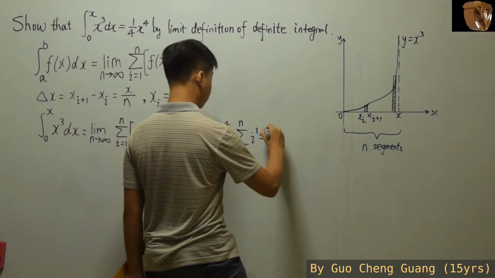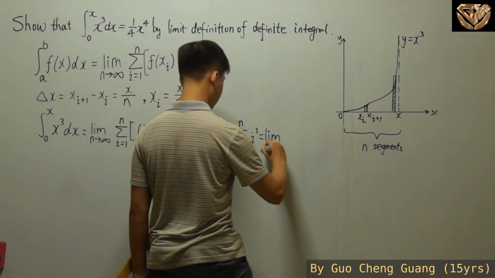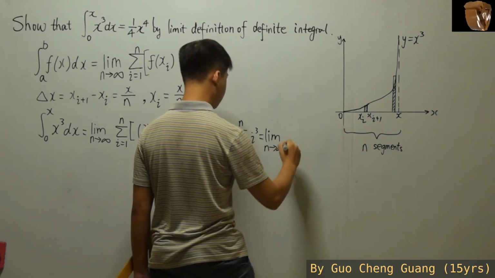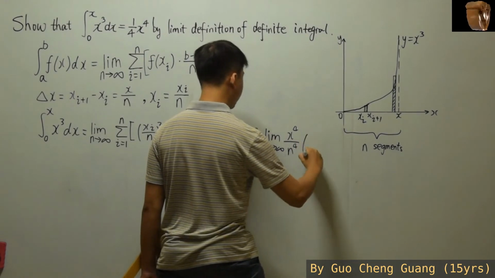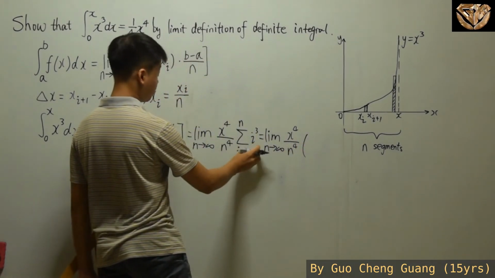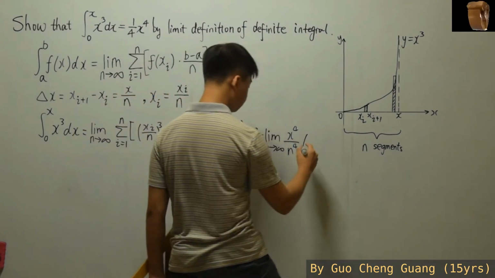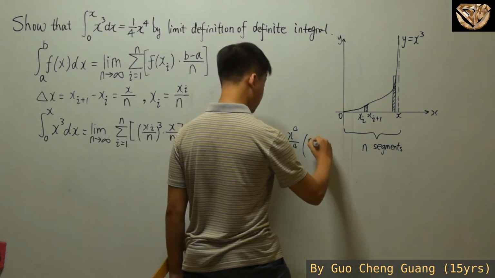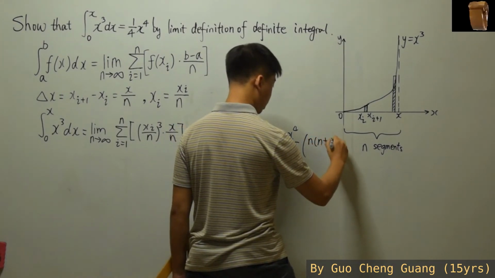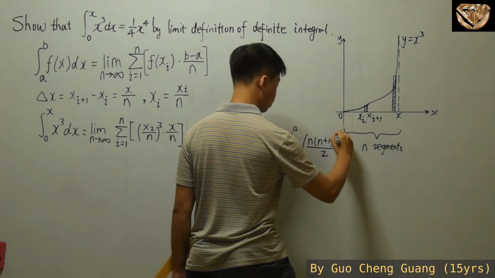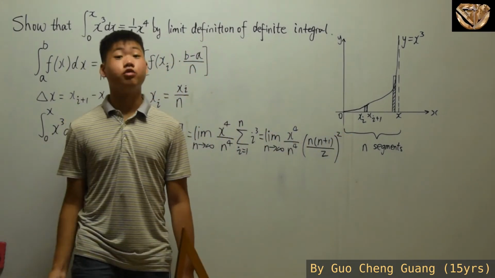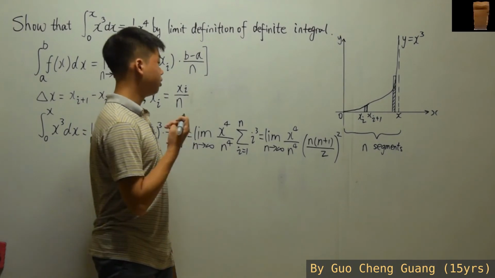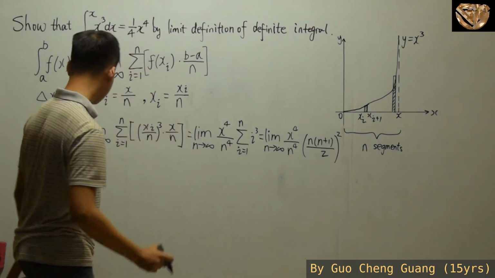Where in this case you're going to have limit n approaches infinity, x to the power of 4 divided by n to the power of 4, and your summation formula for i cubed will be, in this case, n times n plus 1 divided by 2, and this entire thing squared. Right, so that is the formula you will essentially have to use.